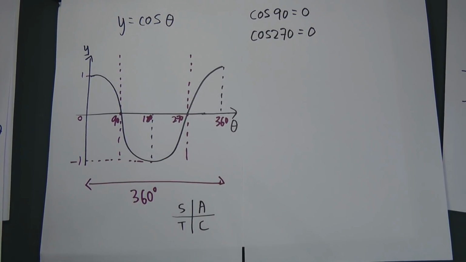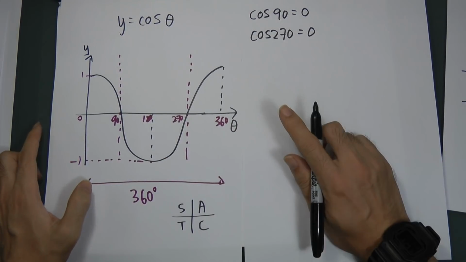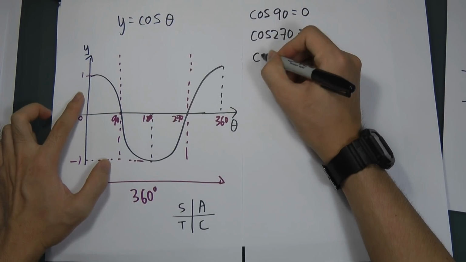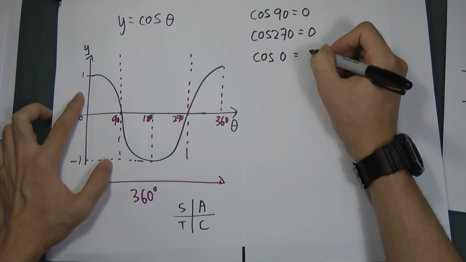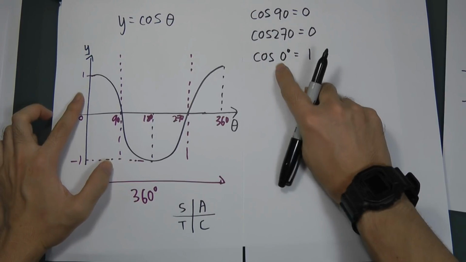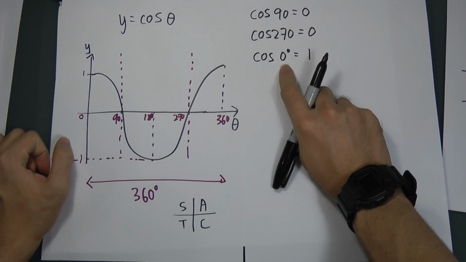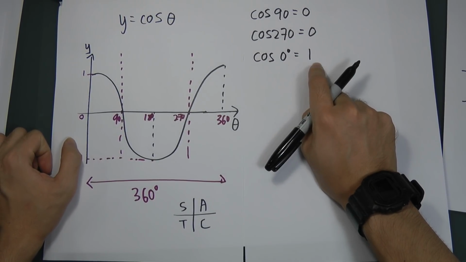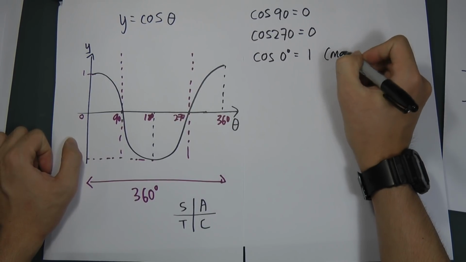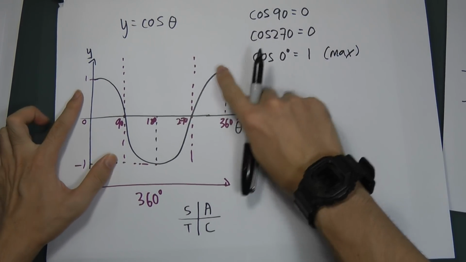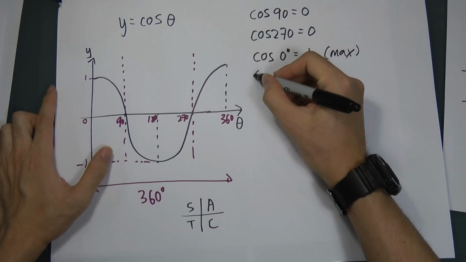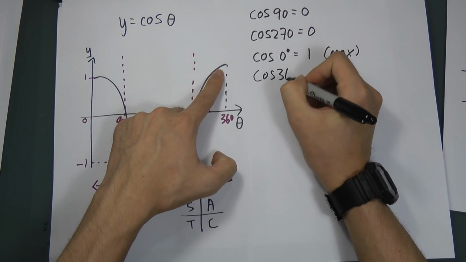And then for the cos graph you have two maximum values: cos 0 is equal to 1. A lot of students make this mistake and say cos 0 equals 0. Remember this one, this is the maximum point. And one more 1 over here is when cos equals 360.